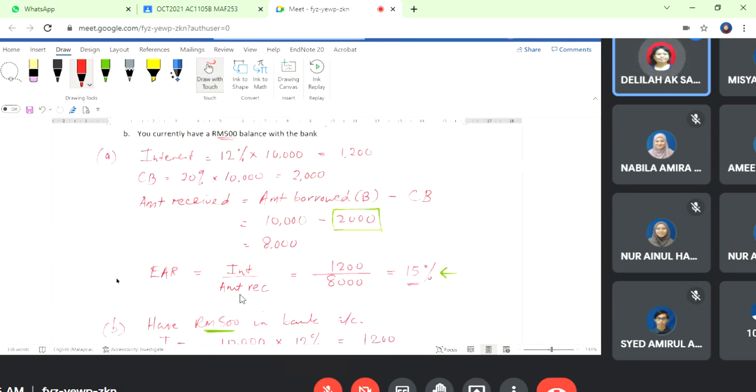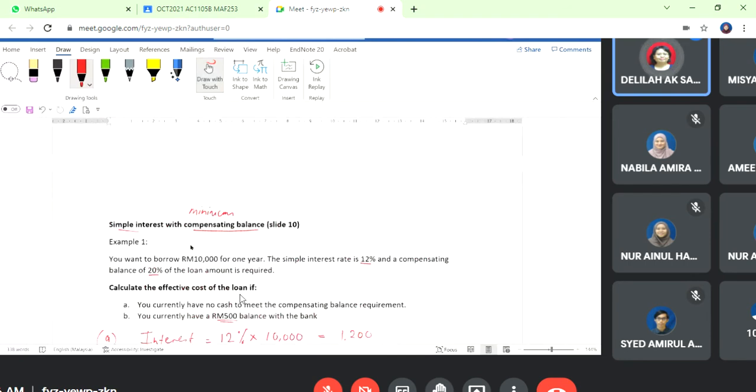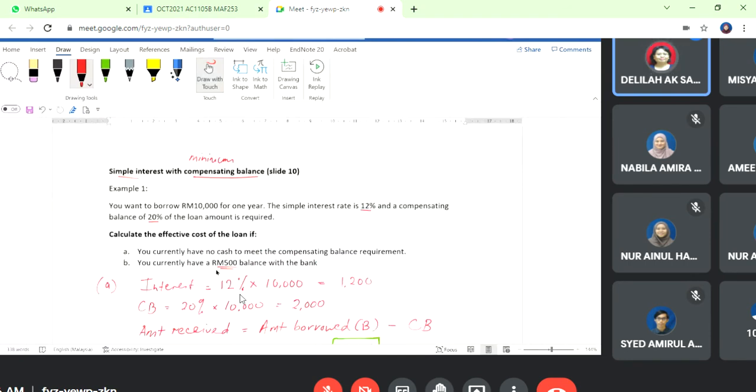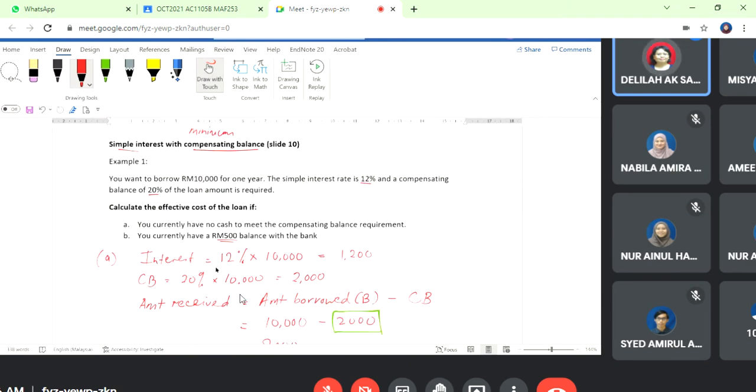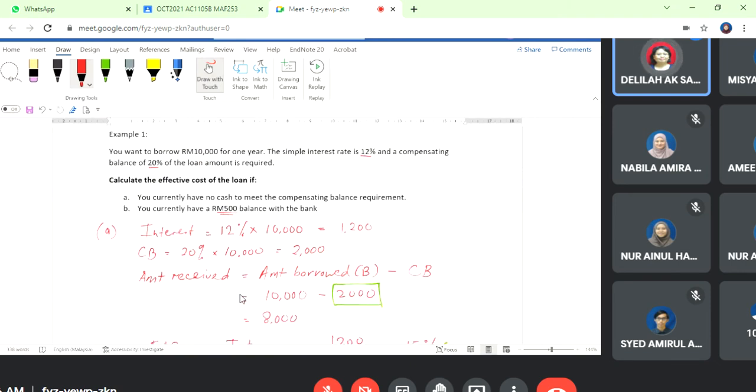If right up here they say you want to borrow. Okay, want to borrow means you are willing to receive less. Like in this earlier example here, we want to borrow.